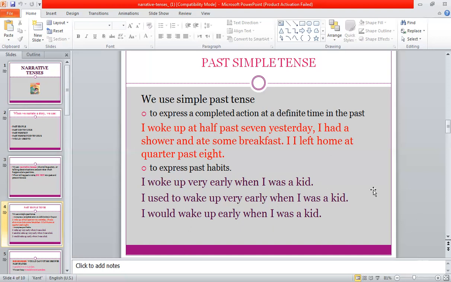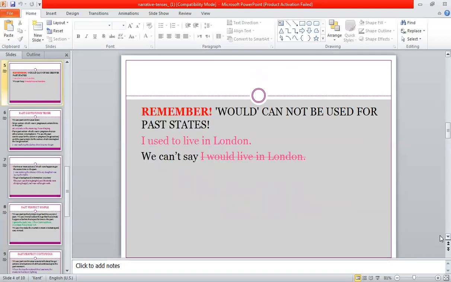I can say used to, I can say would to express past habits. Of course, I can use used to with all types of verbs, but I can never use would with a state verb. I have to use it only with action verbs. Would with action verbs, used to with both action and state verbs. Remember, this is my remark: would cannot be used for past states.